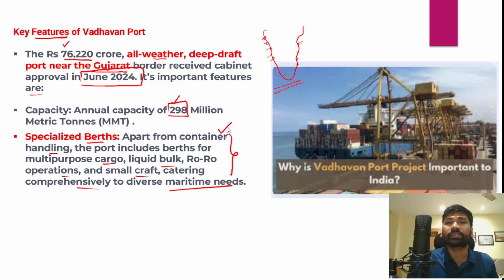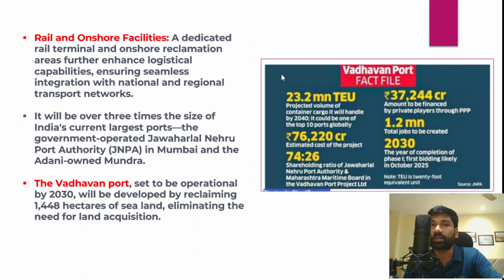That's why we can say that it would completely reshape India's maritime capabilities. Because it would serve these diverse multipurpose maritime needs, we can consider this one of the most important and most ambitious port projects.